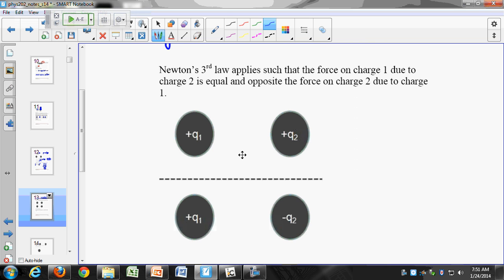Okay, so just like with Newton's law of gravitation, the third law also applies for field forces. So if I have a force on charge 1 that's due to charge 2, what's going to be the direction of the force on charge 1, left or right? Left, or away from charge 2. So the force on charge 1 due to charge 2 will be in that direction, and the force on charge 2 due to charge 1 will be in that direction.